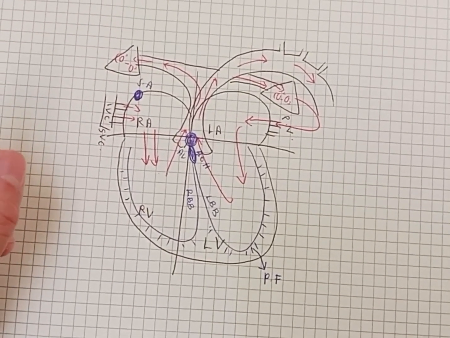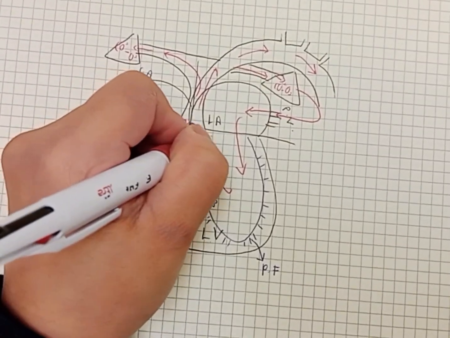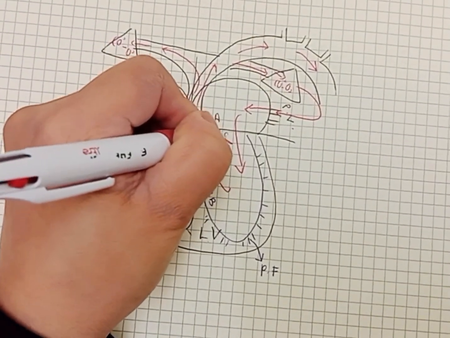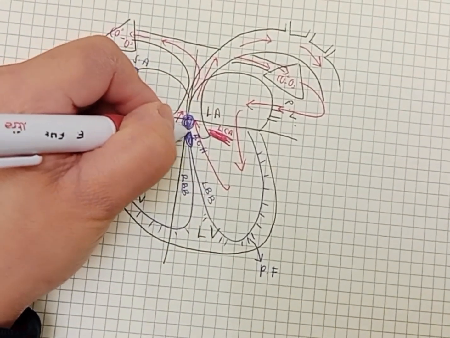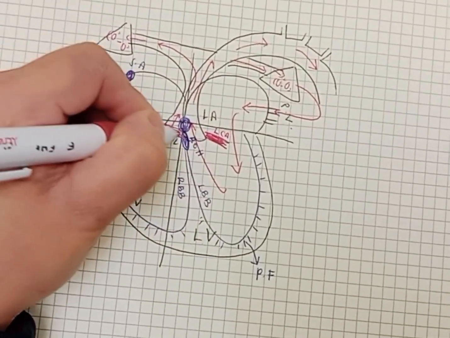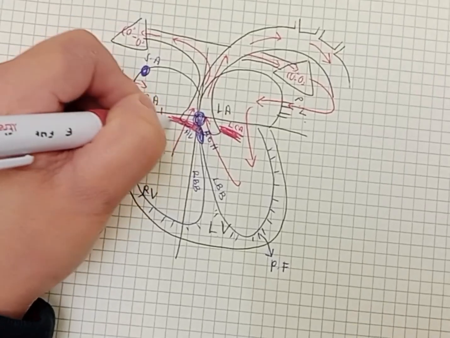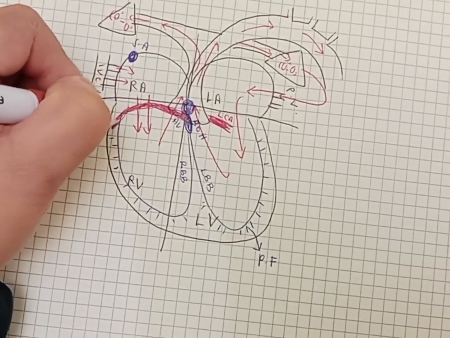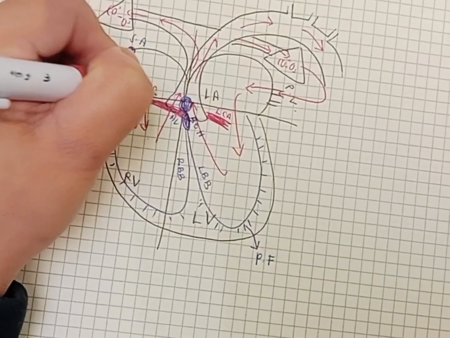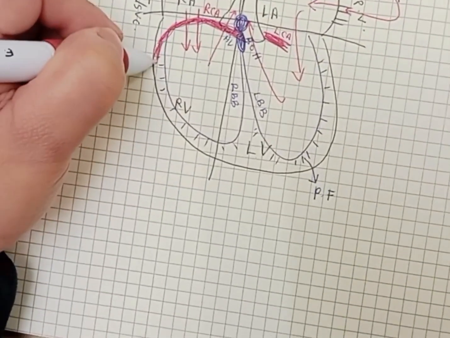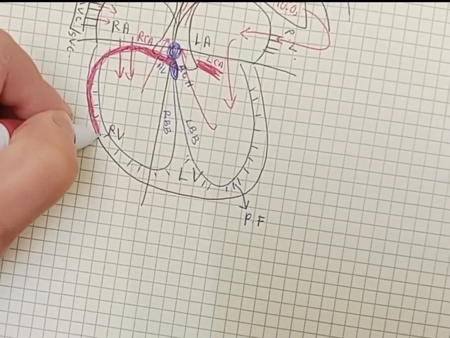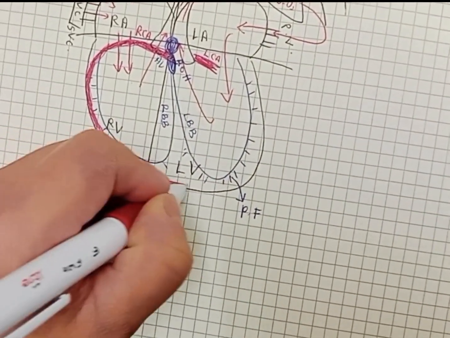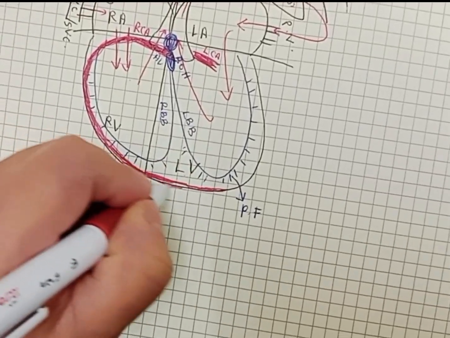So from our aorta, we have two coronary arteries, the left coronary artery and the right coronary artery. The right coronary artery supplies the right ventricle down to the inferior of the heart.